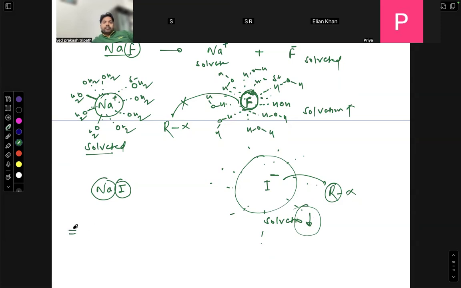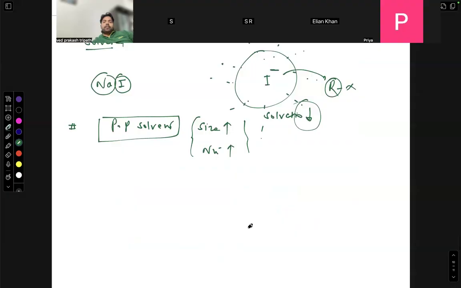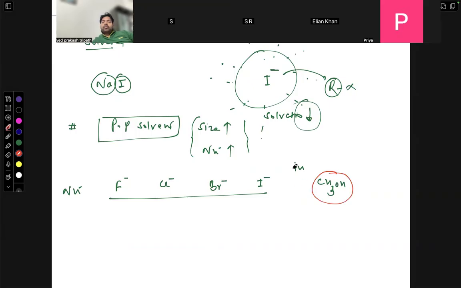Look at the concept: whenever you have a polar protic solvent, size increases, nucleophilicity increases. Clear? Simple. Suppose I am saying we have to arrange the nucleophilicity order in methanol, CH3OH. First of all, tell me the nature of methanol: polar protic or polar aprotic?